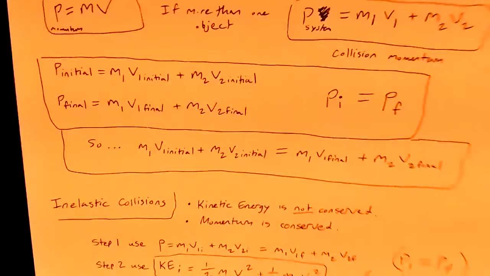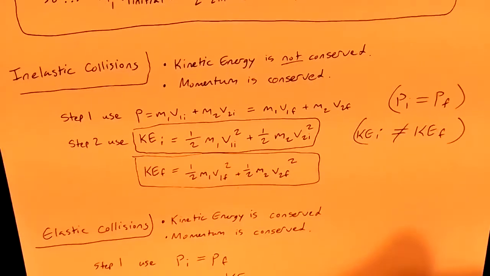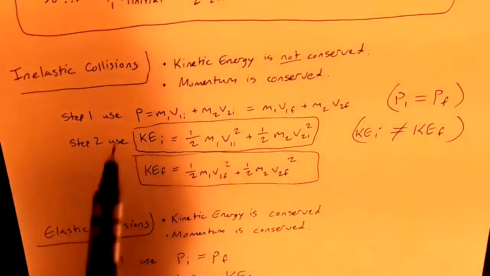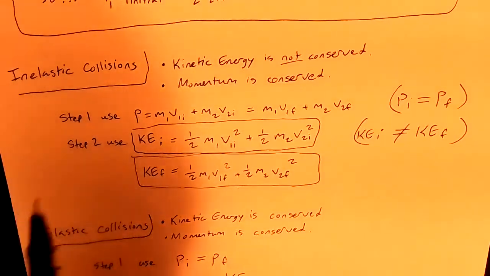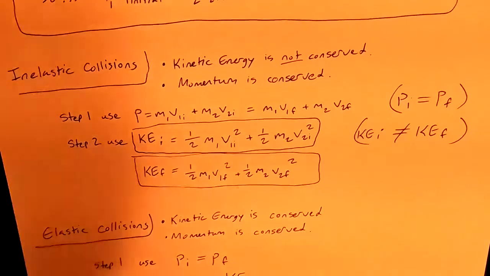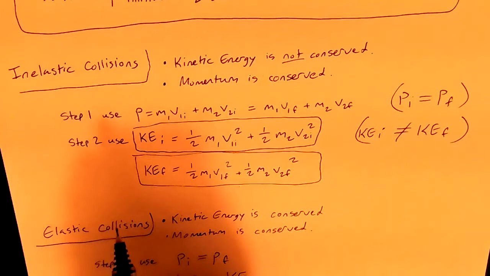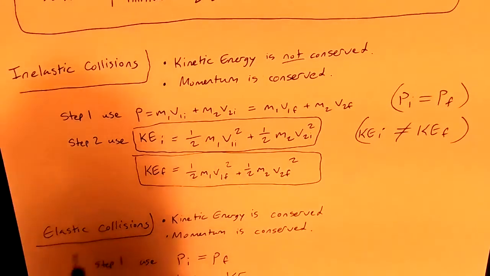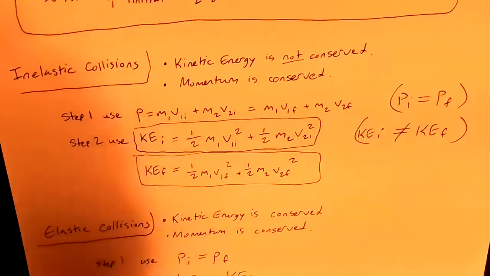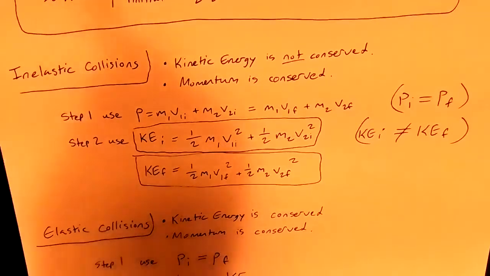And there are two types of collisions. We talked a bit about that last time, but this will be more in depth. In an inelastic collision, if you remember, last time we talked about elastic collisions. That was when objects with hard surfaces would collide and then bounce off one another without changing their shape.